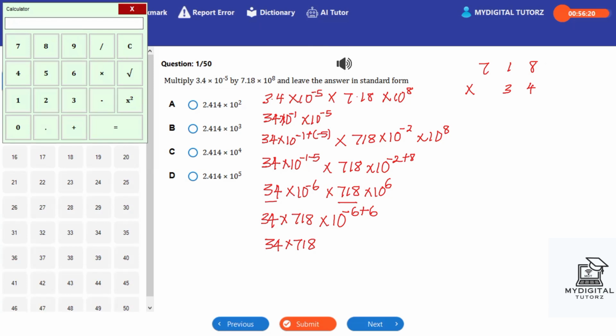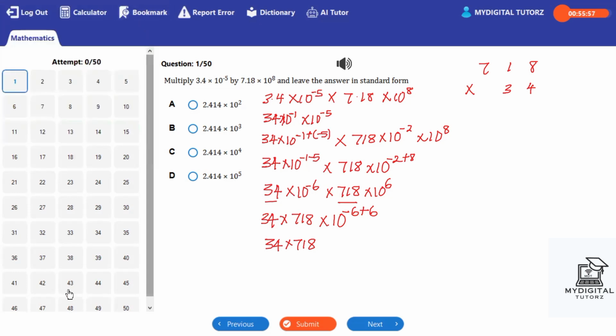So I'm going to have 718 multiplied by 34. That will give us what? We're going to have 24412.